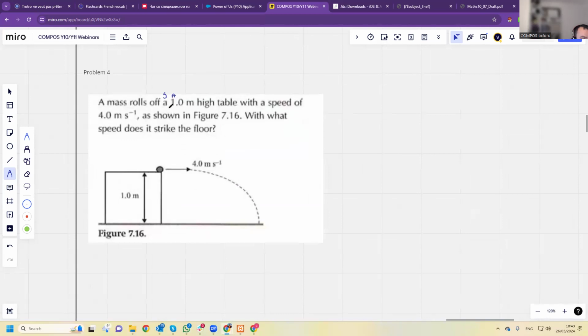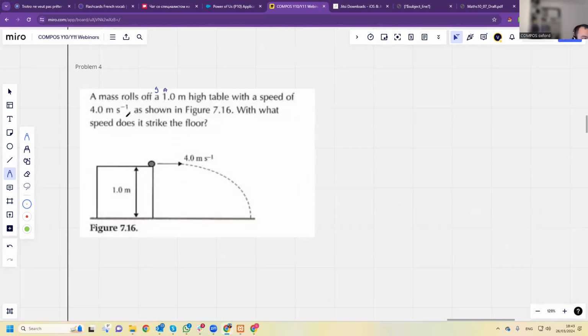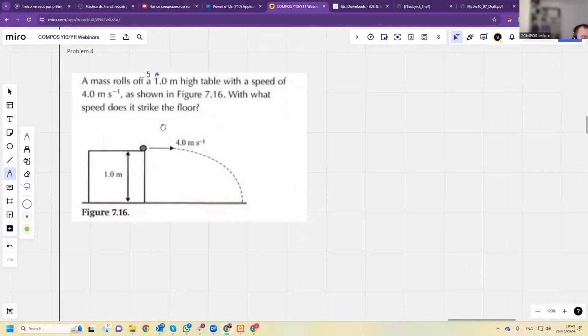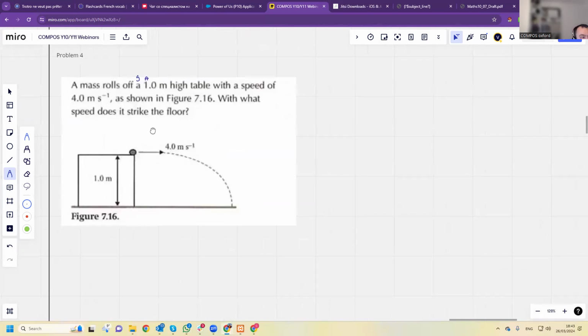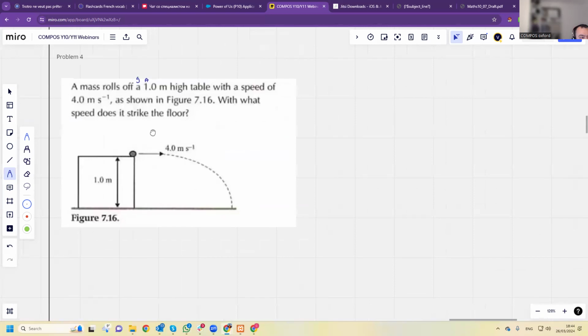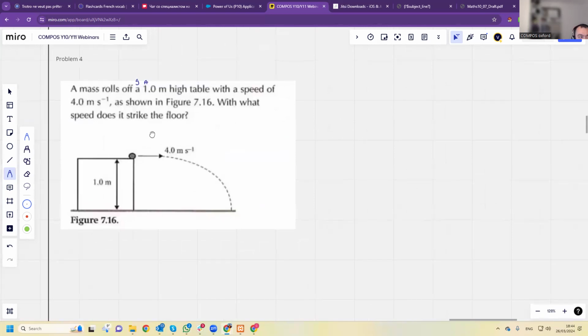The mass rolls over a 1 meter high table with a speed of 4 meters a second. With what speed does it strike the floor? How can we do that?